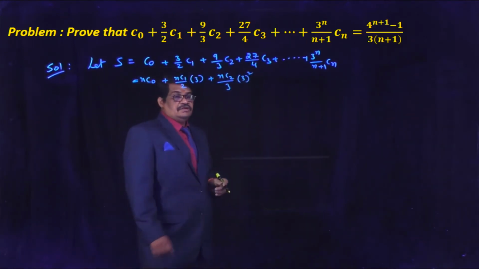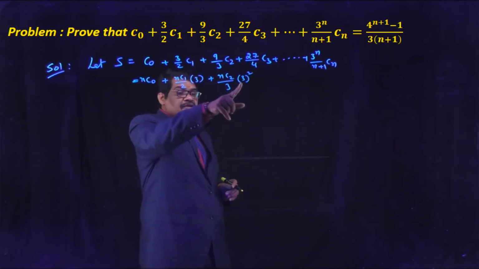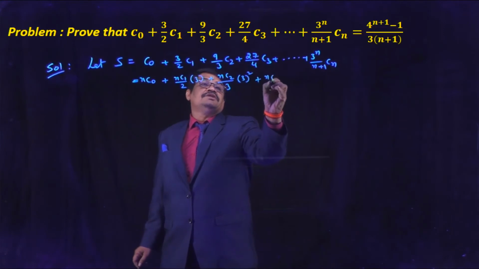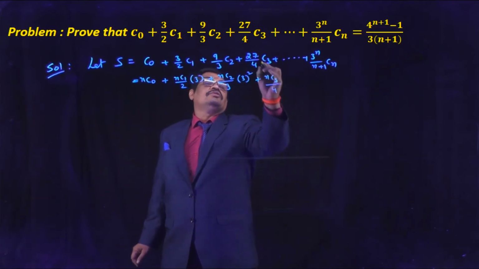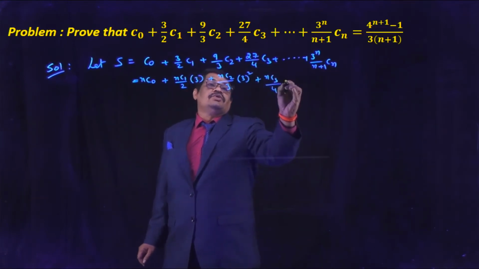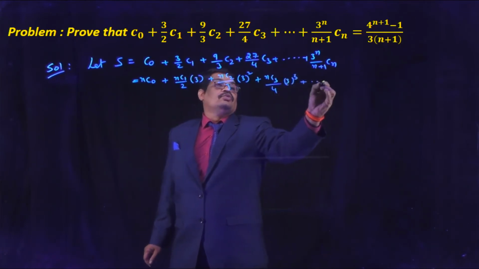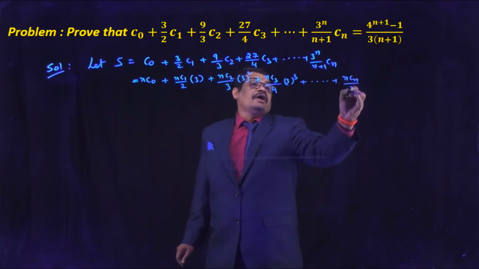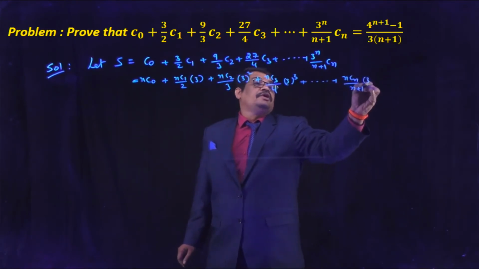Next nC3 by 4 into 27, that is 3 cube, and so on, plus nCn by n plus 1 into 3 to the power of n.